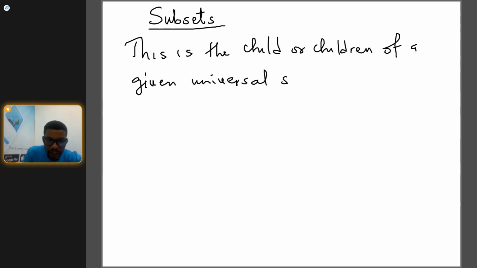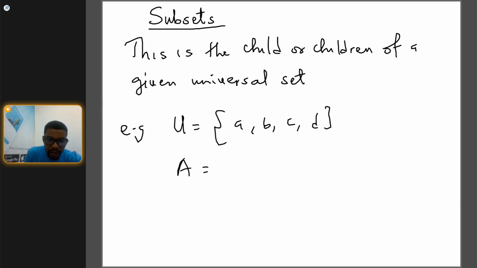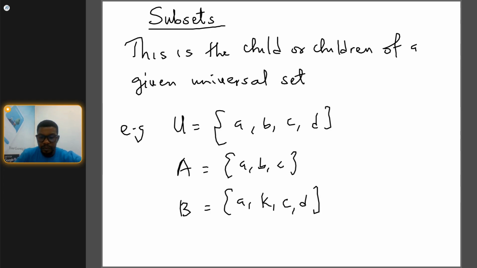For example, if the universal set equals A, B, C, D, and A equals A, B, C, and B equals A, K, C, then D.